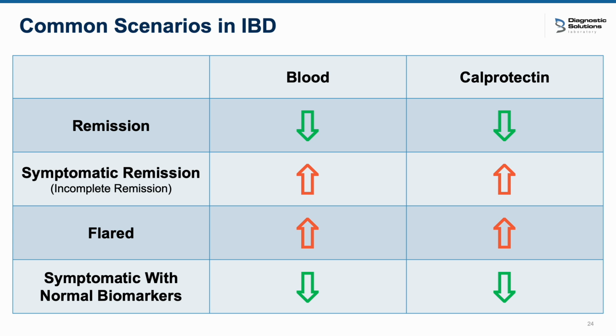So maybe this patient at this point in time is struggling with IBS. Maybe there's some dysbiosis that is leading to looser stools and cramping and symptoms that can mimic IBD, but it's not an actual inflammatory IBD presentation. So important to distinguish between these two by testing blood and calprotectin regularly.